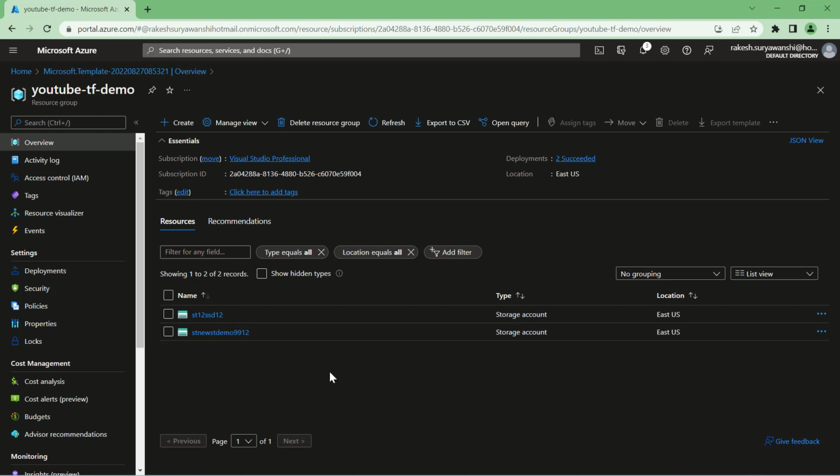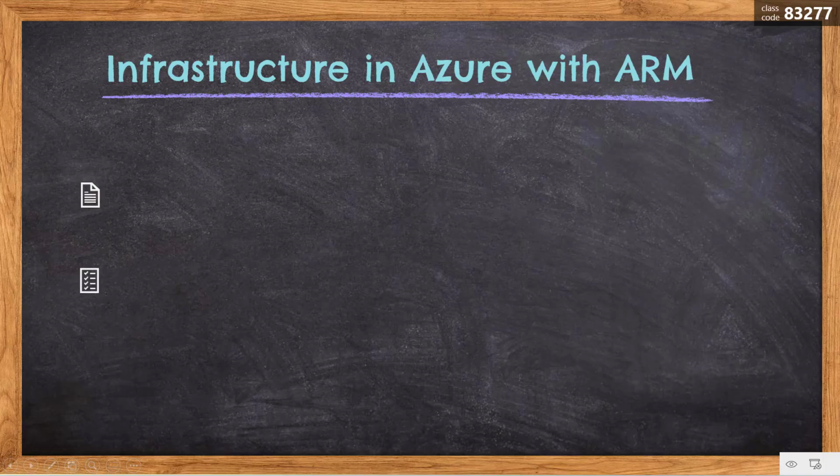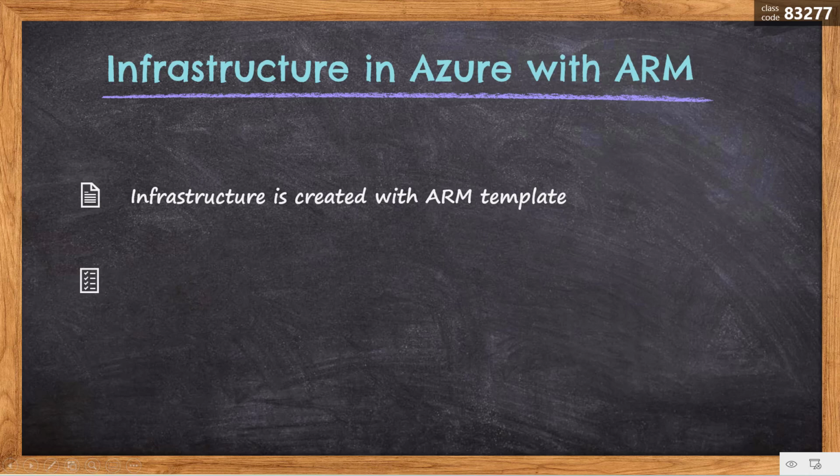And this was the simplest demonstration to provision infrastructure in Azure from the Azure portal manually. Now, just to summarize our demonstration, the infrastructure in Azure was created with the help of an ARM template, which we can use to automate our infrastructure.